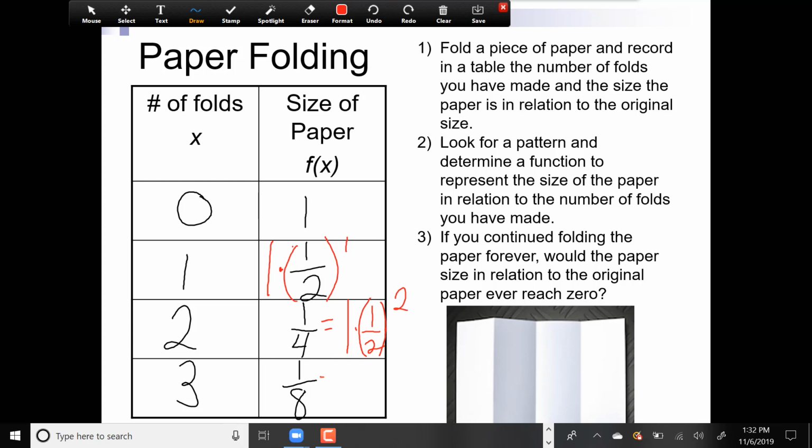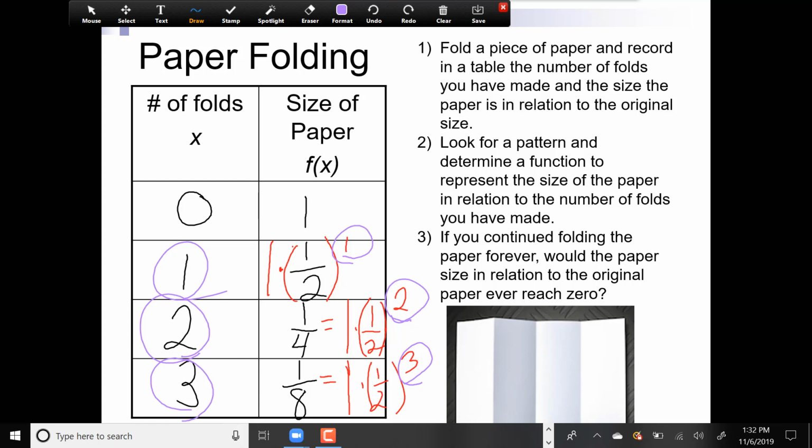The 1/8, couldn't that be 1 times 1/2 times 1/2 times 1/2? Or in exponential notation, this could be 1/2 to the third power, which means we have a 3 for our number of folds, and our exponent is 3. We have a 2 for our number of folds, and our exponent is 2. We have a 1 for the number of folds, and we have a 1 for my exponent.